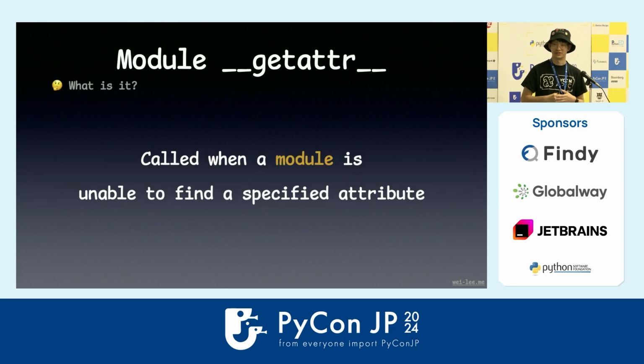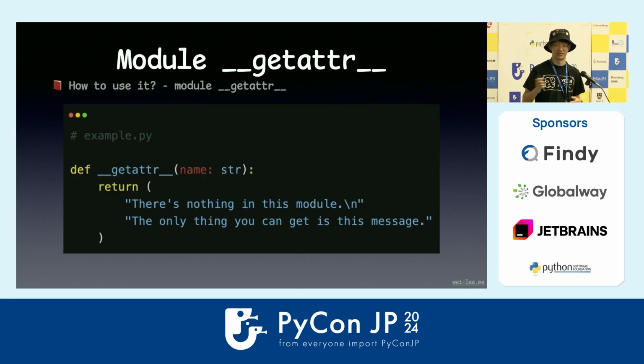So what does this mean for a module level get attr? Yeah, it just means something similar, but just for a module. If a module is unable to find a specific attribute, it will just do all the operations you defined in get attr. And this is the example.